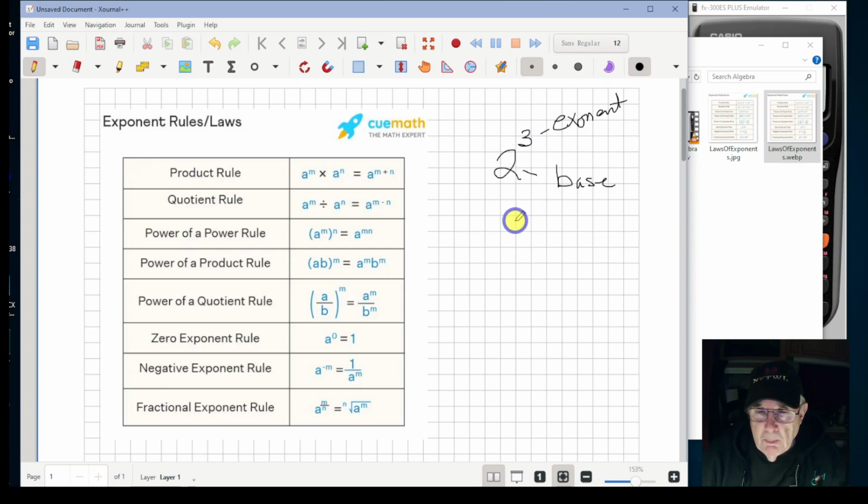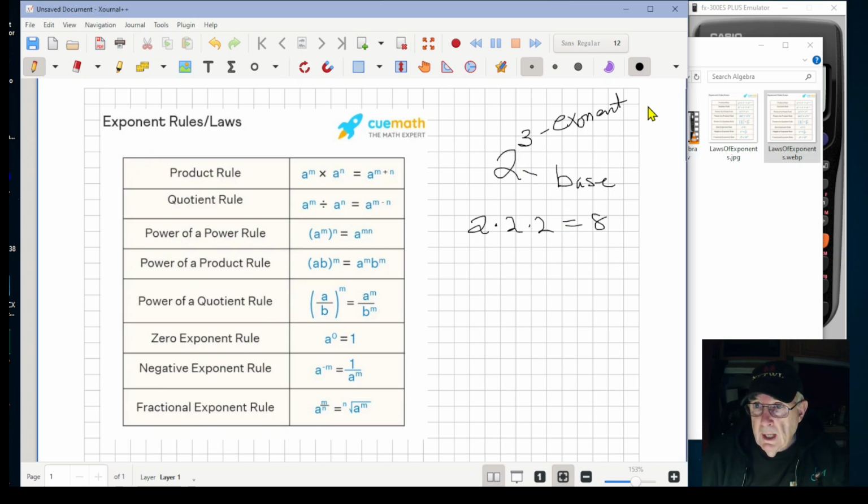Now, what does that mean? The exponent tells us how many times the base is to be multiplied by itself. So this is a shorthand for 2 times 2 times 2, and that's equal to 8.